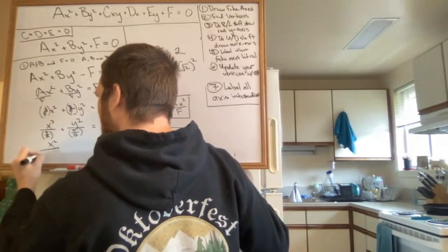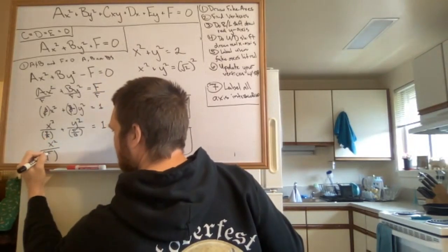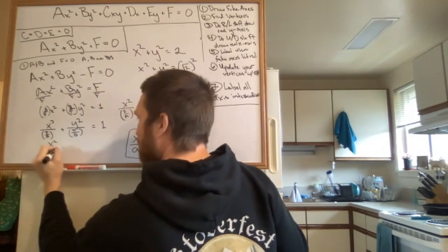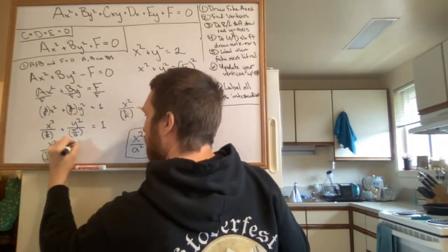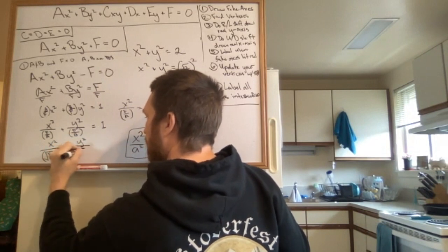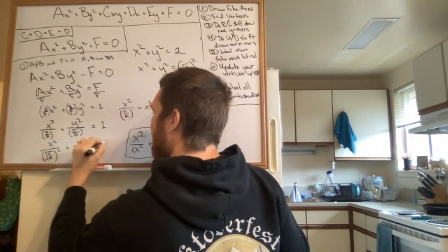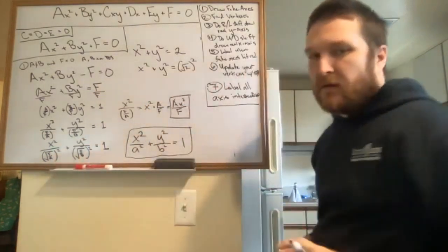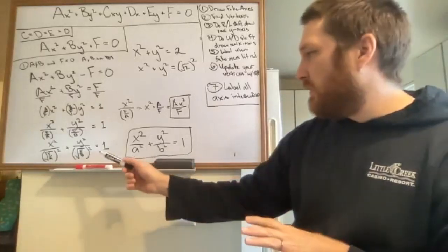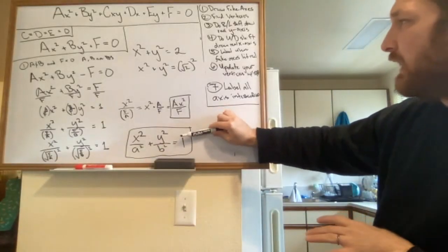Whatever number ended up down there, we'll just take the square root of F over A, and then square it. We'll take the square root of F over B, whatever that happens to be, and then we'll square it. And now our equation is in the form that we want, that will help us out.